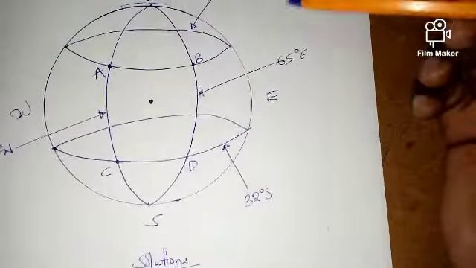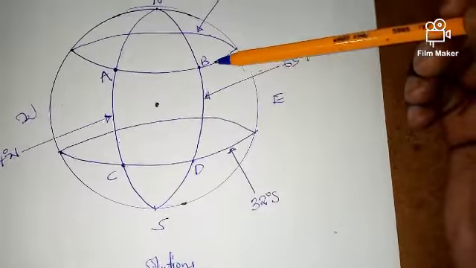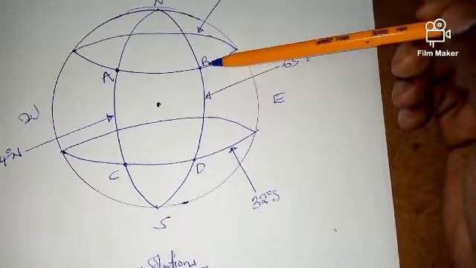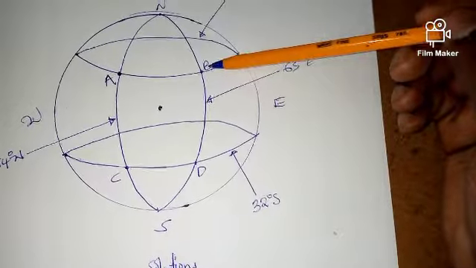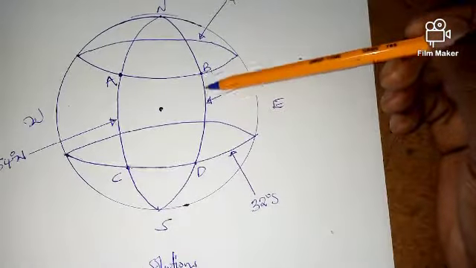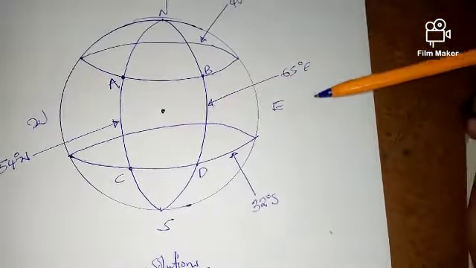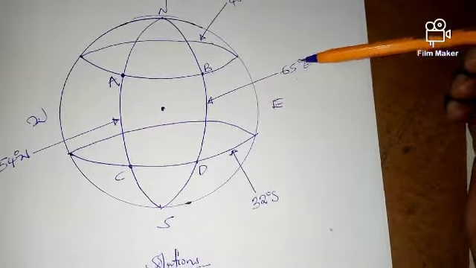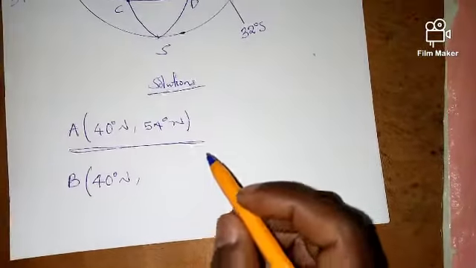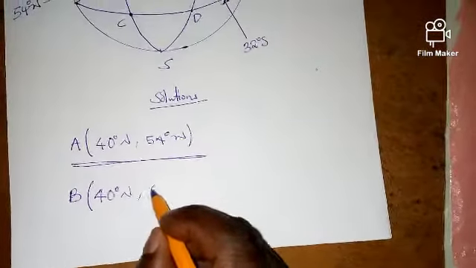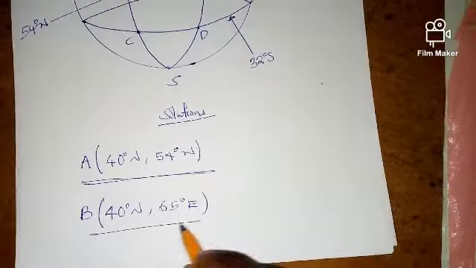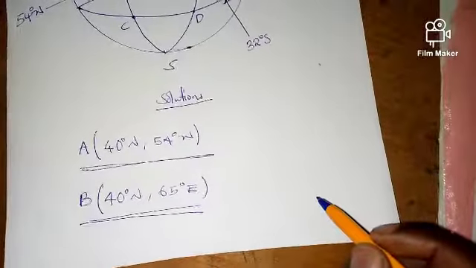Then in terms of longitudes, I can see that point B is lying on a different longitude. Now I'll identify the name of that longitude. It's exactly 65 degrees east. It has been named as 65 degrees east. So I go on my solutions, and I'm going to write 65 degrees east, and like that I have allocated town B.